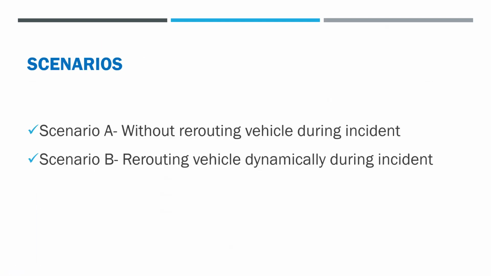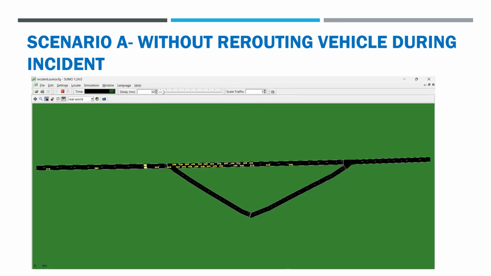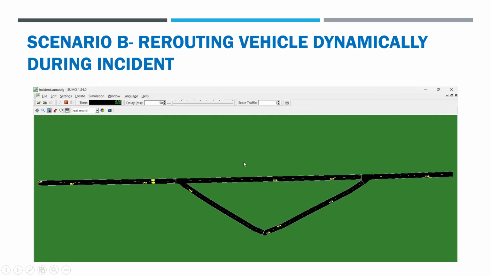In scenario A, we can see that in front of the platoon there is a vehicle that has almost stopped or is moving slowly, and all vehicles queue behind that breakdown or out-of-order vehicle, because no rerouting is assigned and all traffic keeps moving on route A during the incident.